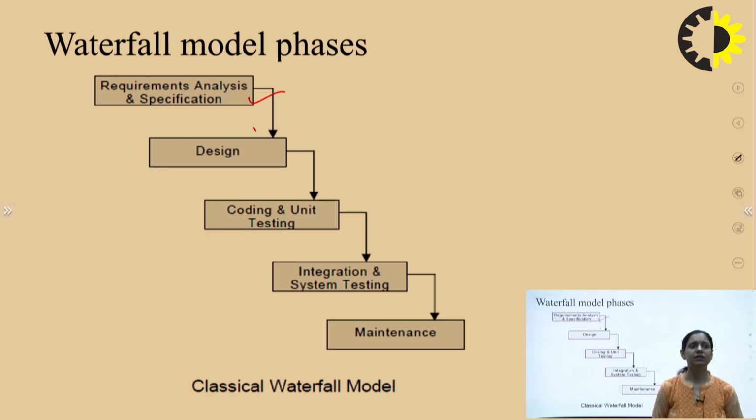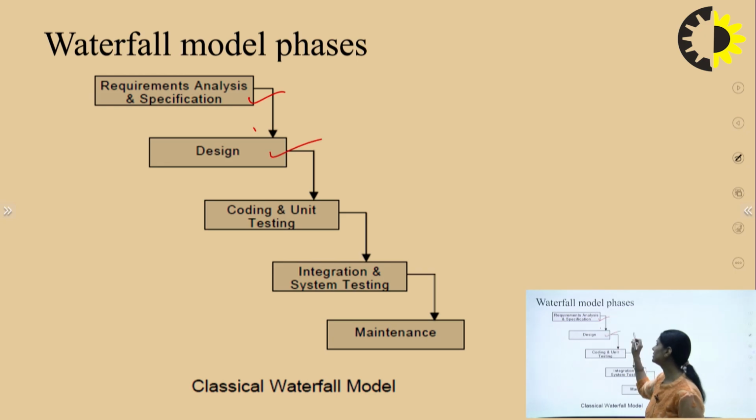All the requirements, how the software should look, what the functionalities will be, what type of hardware and software would be used, are gathered by the developers from the users, so that it is easy for them to develop the software at the later stage.